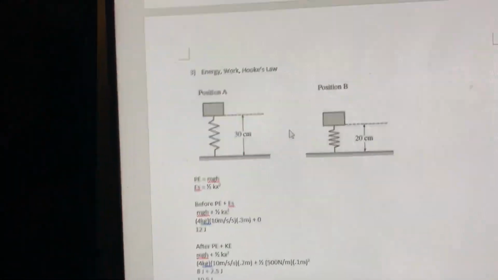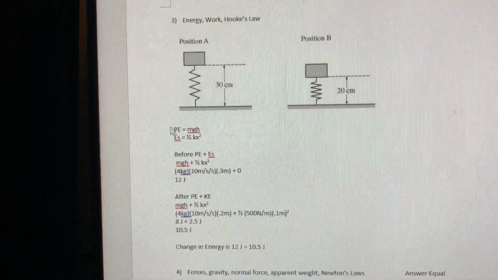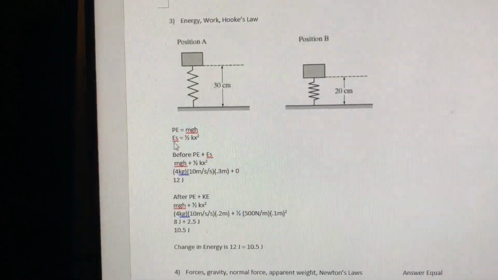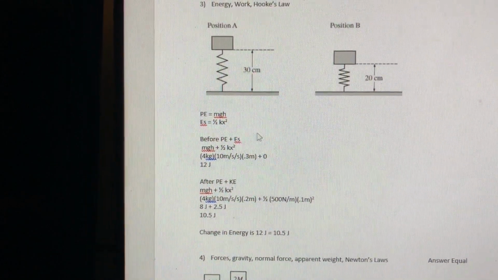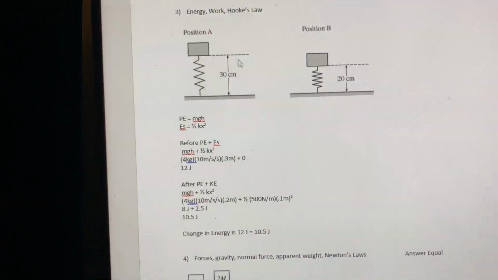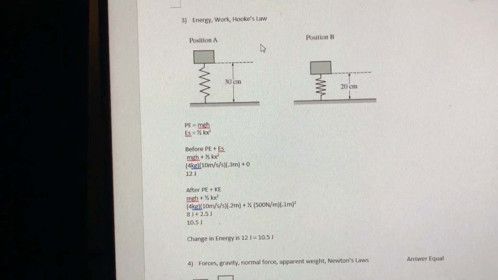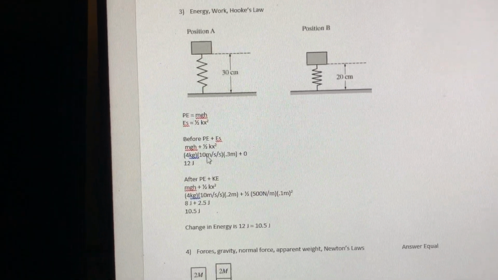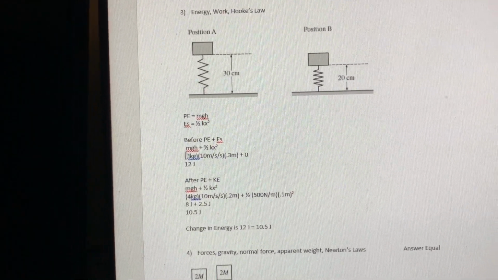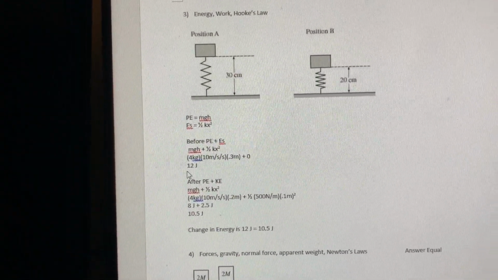So this is an energy, work, and Hooke's law problem. Potential energy is mgh. The energy in the spring is 1/2 kx squared. You can just jump right to the answer by using the change in height, but we can also look at the condition before. In the before case, I have mgh plus 0, which comes out to be 12 joules.